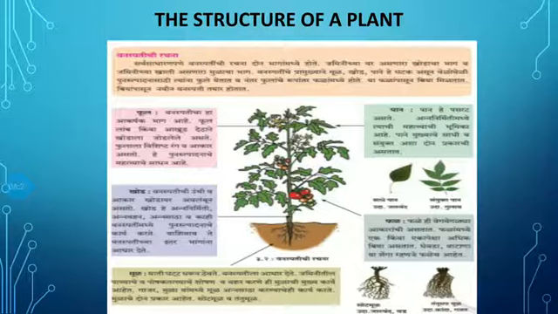The flowers of different plants are different in their shape, color, size, etc. The flower is an important means of reproduction because the fruit comes out from the flower, and inside that fruit there is a seed.